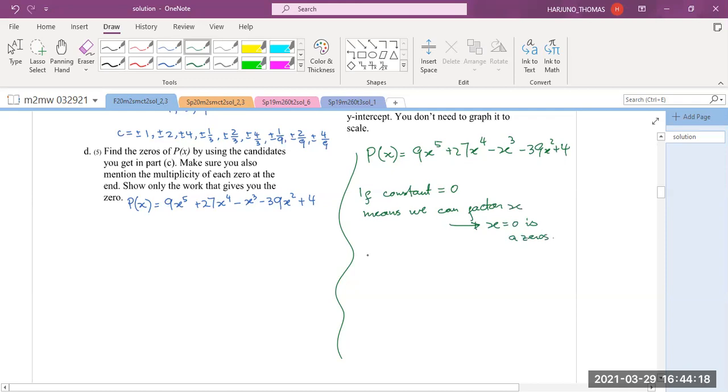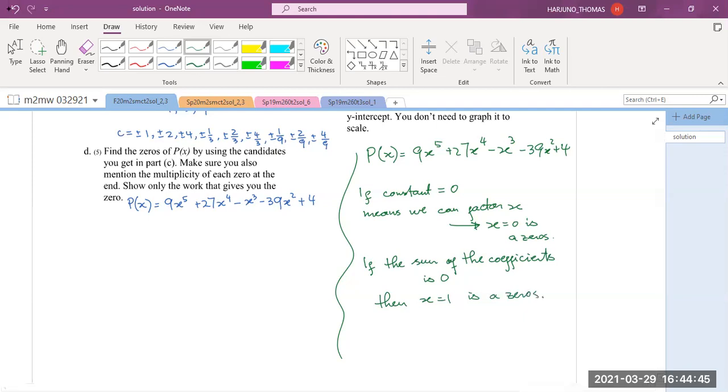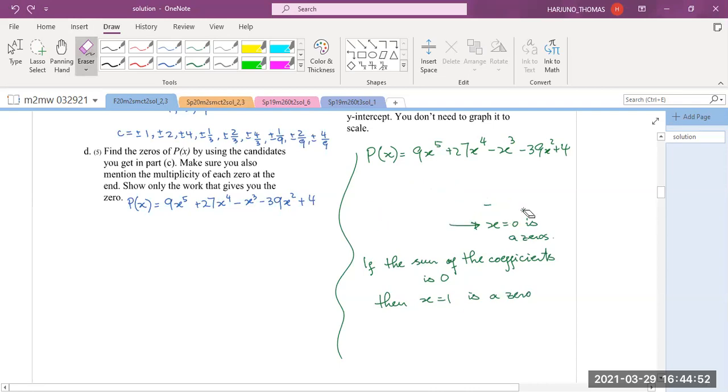That's one. Second, next, if the sum of the coefficients is equal to 0, then x equals 1 is a 0. Okay, and that's actually the case for this question also.